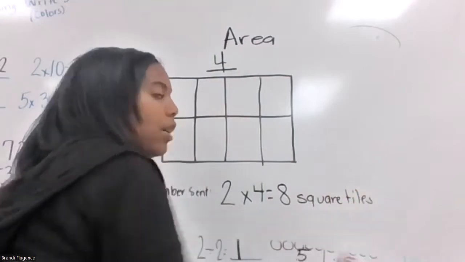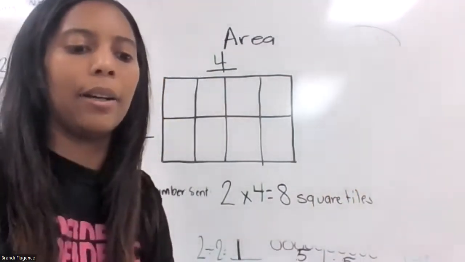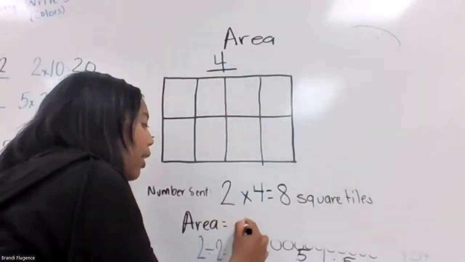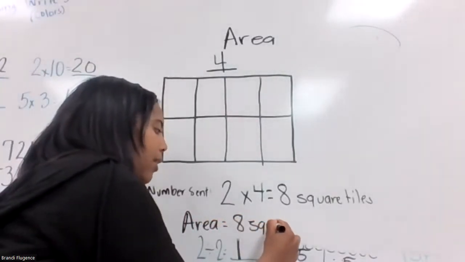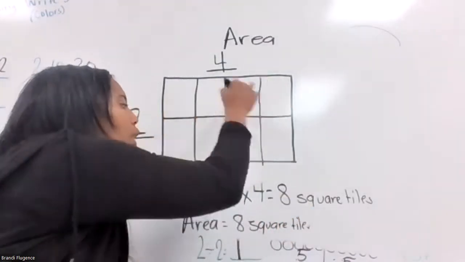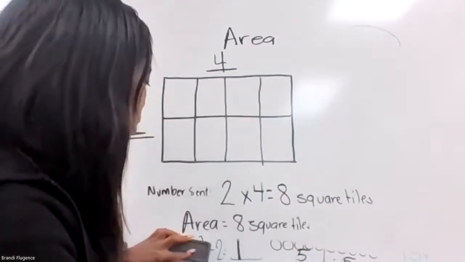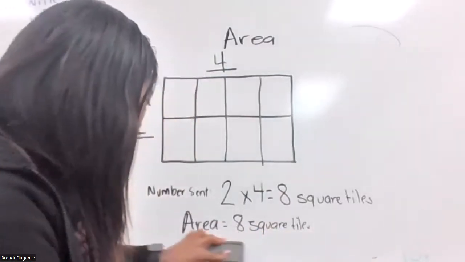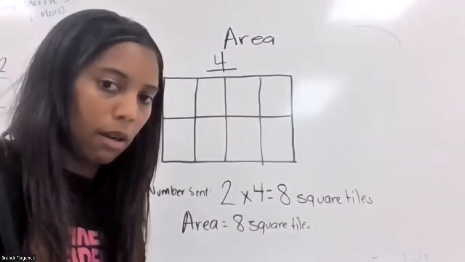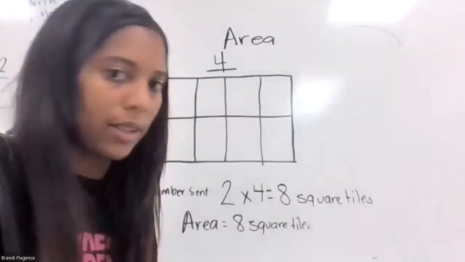That's what you should be writing on the line. So the area of this shape equals 8 square tiles. The area is simply how many square tiles total it took to fill in the shape. 2, 4, 6, 8. That's number 1, guys. This is number 1 I just did.